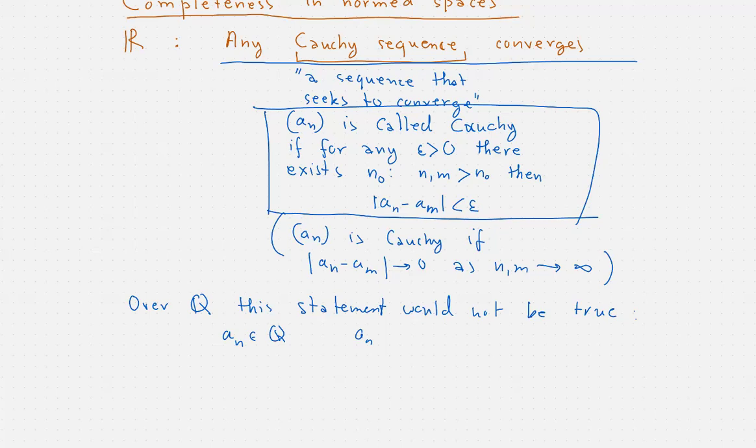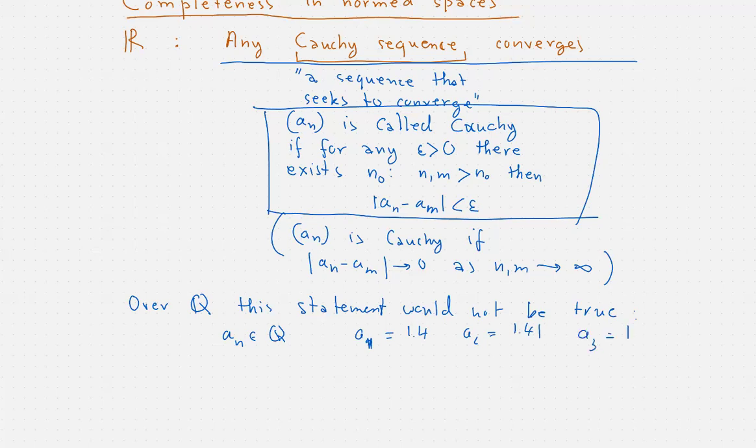So you would have something like a_1 being equal to 1.4, and a_2 would be 1.41, and a_3 would be 1.414, and so on.